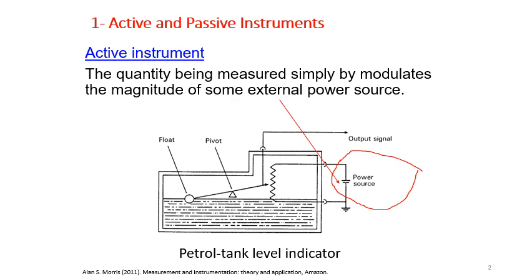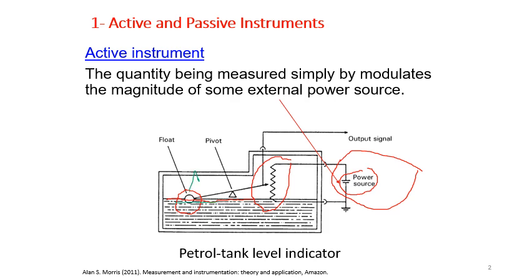In the petrol tank level indicator here, we are measuring the level. So we have a float to measure the level, but the float is not giving me the value directly. The float is connected to a variable resistor, which is supplied by a battery. So the variable resistor changes as the level of petrol changes.